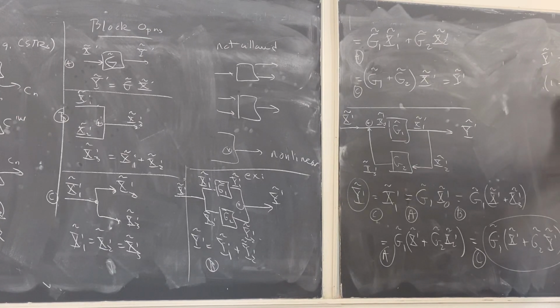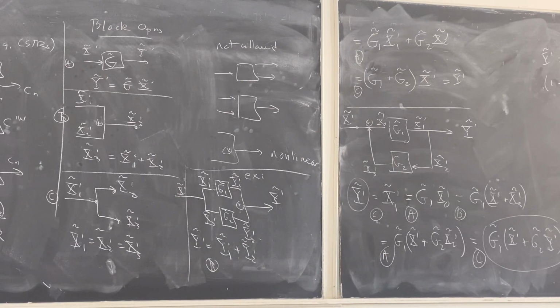And I get that y prime tilde is equal to G1 tilde over 1 minus G1 tilde G2 tilde times x prime tilde. So the overall G is equal to G1 tilde over 1 minus G1 tilde G2 tilde.